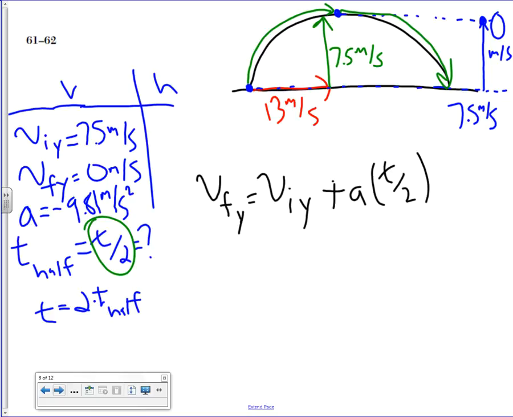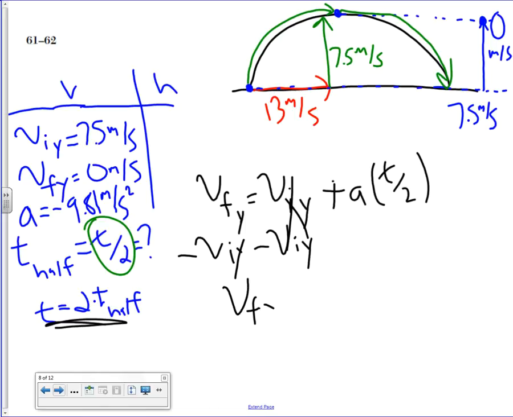I'm trying to find the total. We know our total time is this. We're solving for t over 2. So, solving for t over 2, that's minus our VIY, minus VIY, VFY minus VIY is equal to A, t over 2.